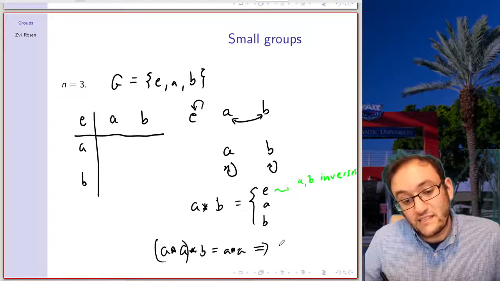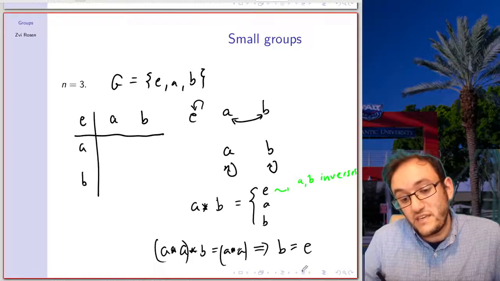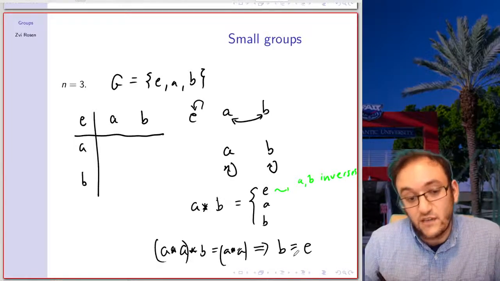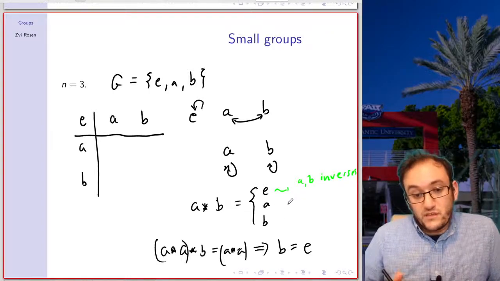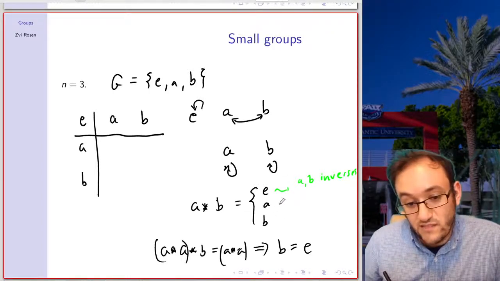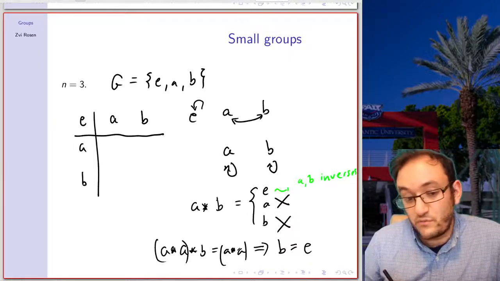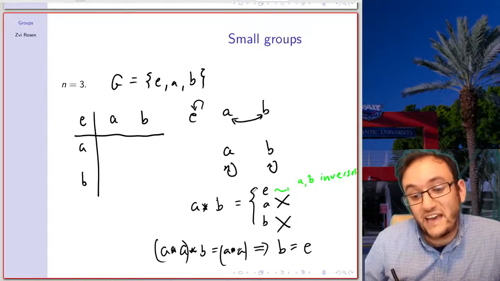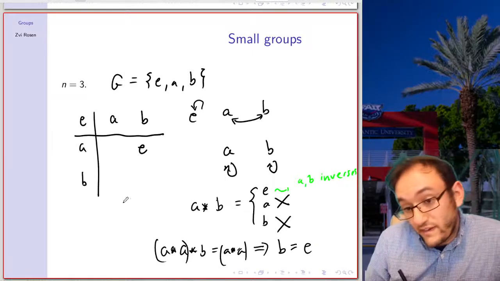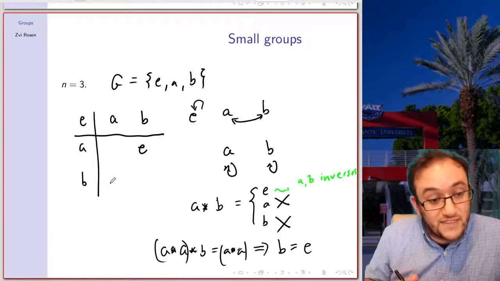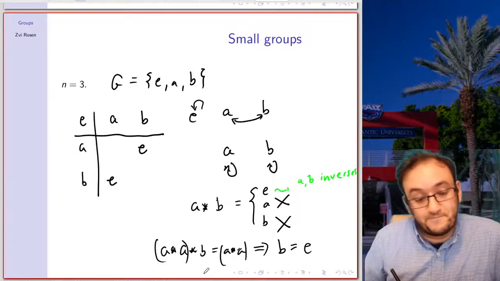That would tell us that B is the identity, but that contradicts our supposition that B is one of the other elements of the group. So this is impossible. If you do the same analysis, you'll see that the other case is also impossible. So you have to have that A times B is equal to E. And by the fact that inverses are two-sided, B times A will also be equal to E.